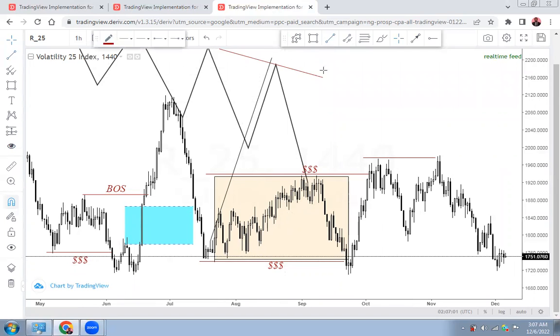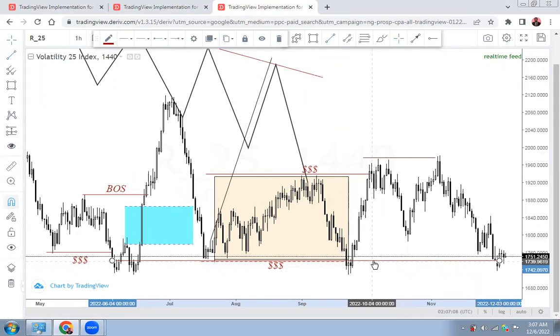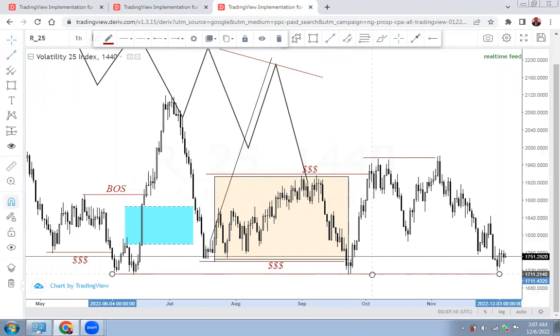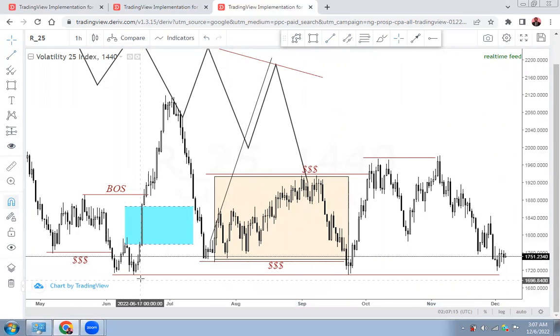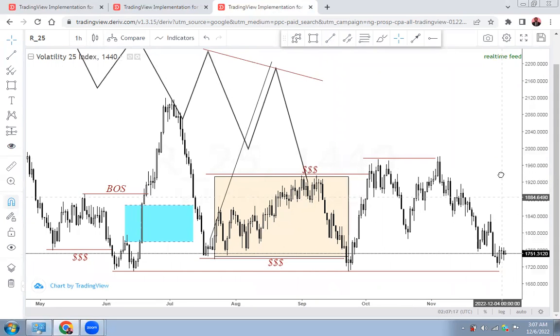But if you can also see, you will discover that this was some form of liquidity building around this region. On the bigger time frame, you can see price has been within this region.